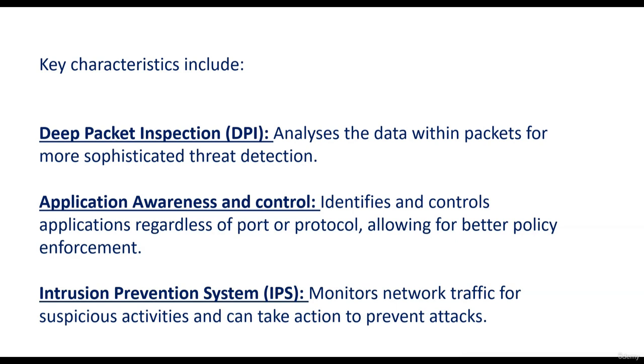Though we have multiple features in the next generation firewall, there are three primary features. One is application control, then user identification, then content identification. All next generation firewalls focus on these three primary things. Okay, so we'll be discussing each and every feature in detail with hands-on understanding in the upcoming videos. This is just an overview.